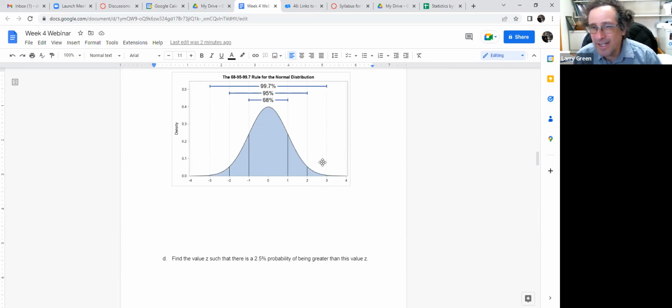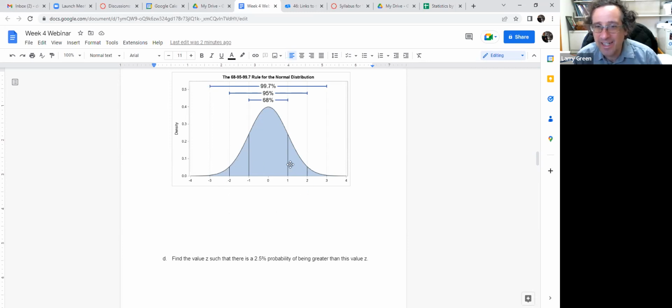Okay, so now what we can do, we don't know exactly where Z is, it could be here, or here, or somewhere in the middle. But what we can say is that if 2.5% are bigger than that value, if we use symmetry and go to the other side, 2.5% will be smaller than the symmetric other side. What's 2.5% plus 2.5%? Hopefully you all know 5%, right? So 5% are on the outside.